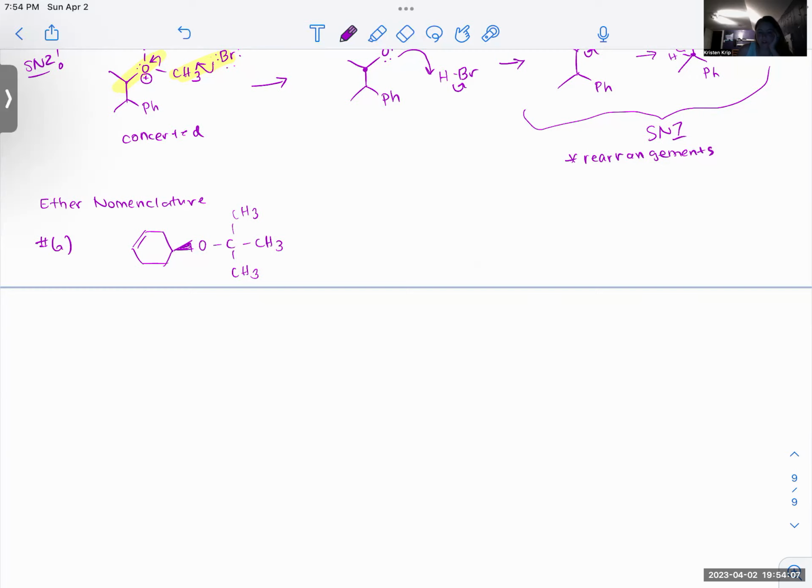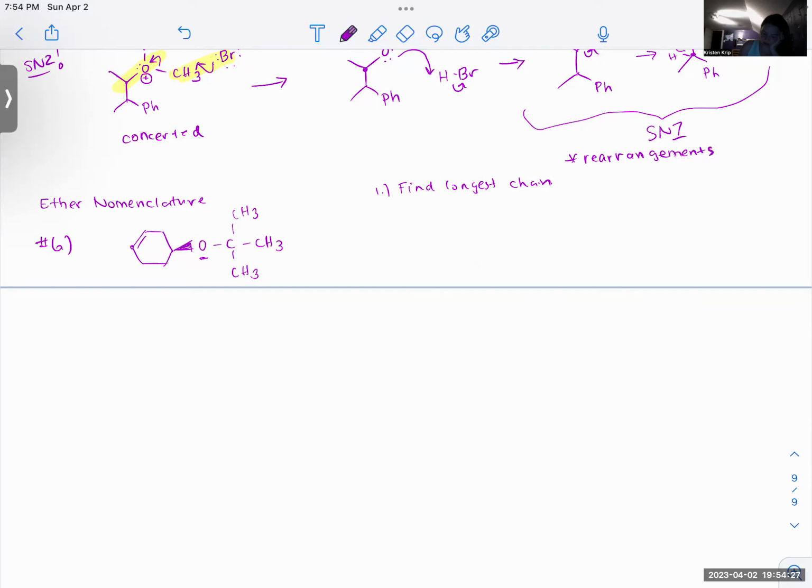For this, the first step needs to be to find the longest chain, right? Because we have to look on one side or the other side of that oxygen.